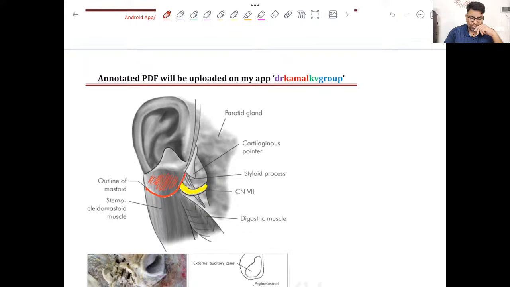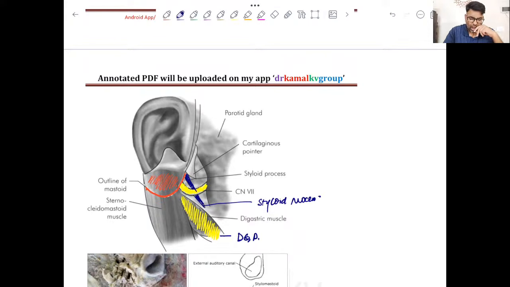Then in the background of the facial nerve, you can see one bony process, known as the styloid process, okay? Then lower down you can see one muscle, and this muscle is the posterior belly of digastric muscle, okay?